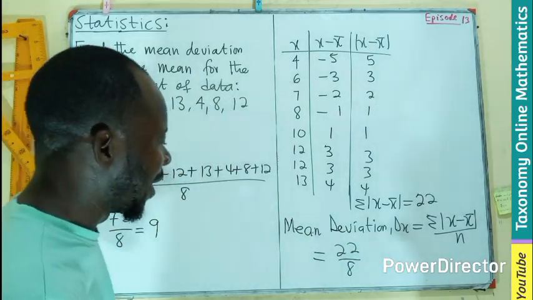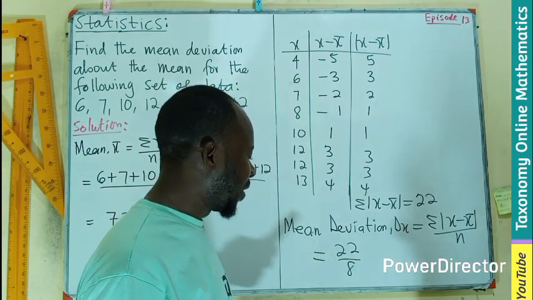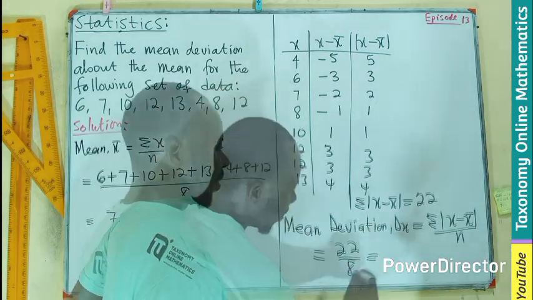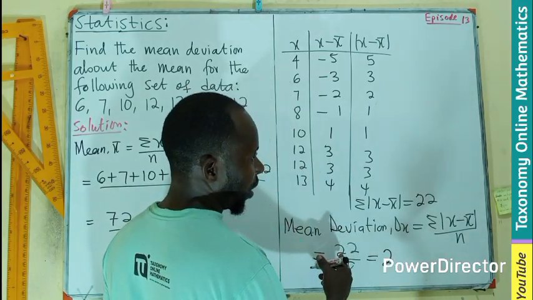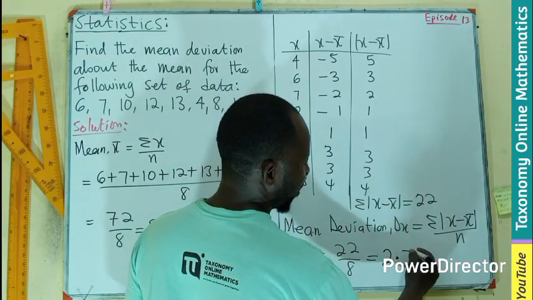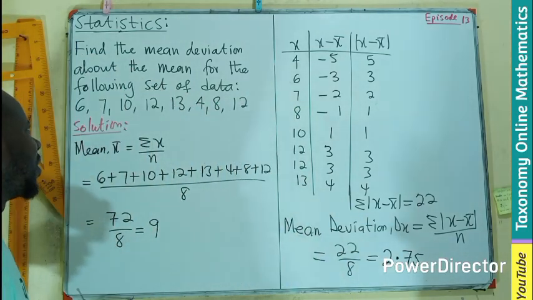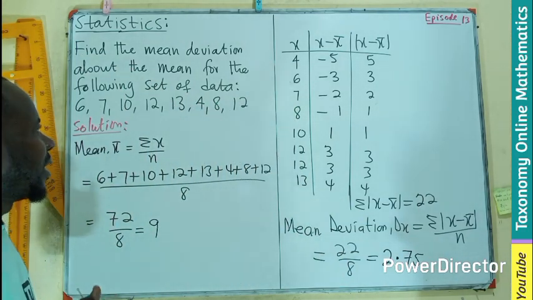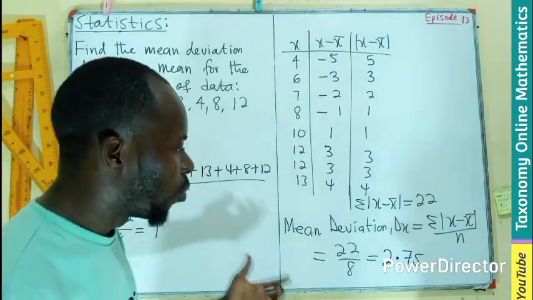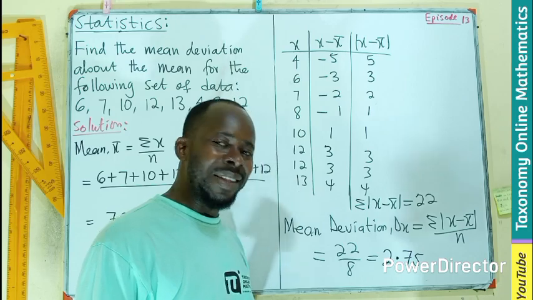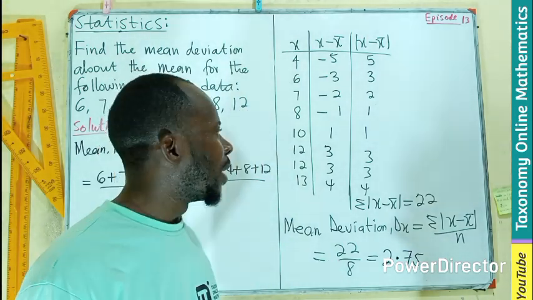There are 8 of them in there. That will be 2.75. So the mean deviation, how far the values are deviating from the mean, is going to be 2.75, or 2.8 if you are picking one decimal place, or 3 if you are picking a whole number.